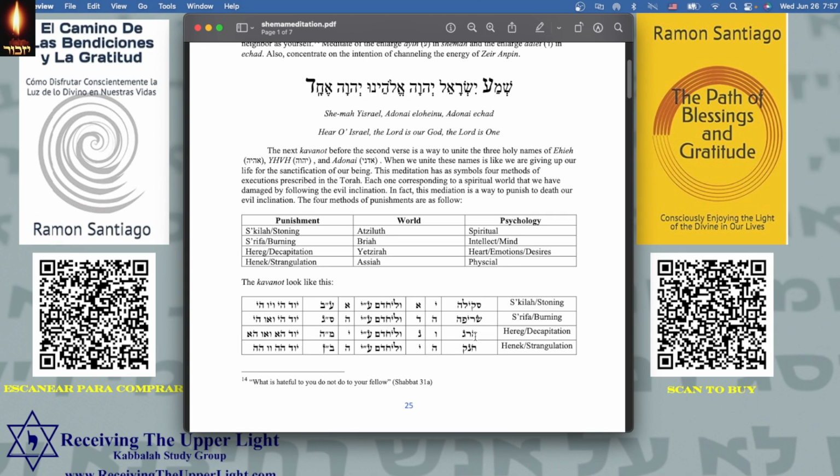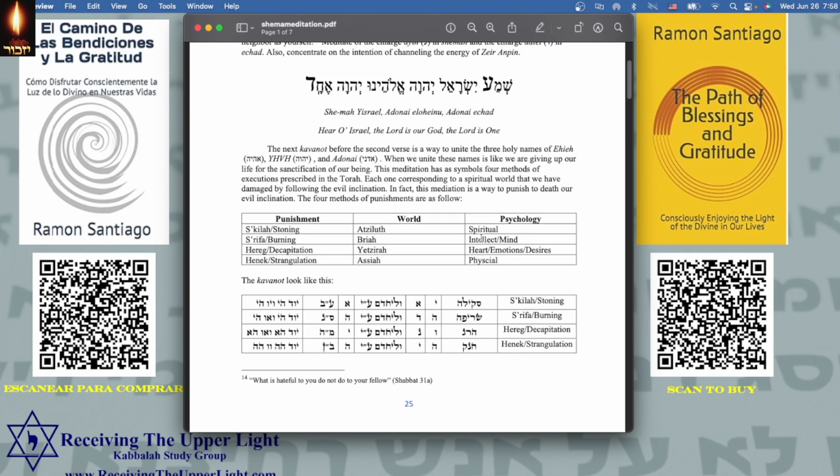It's that we are basically having in our mind at that moment that we are changing the evil inclination by, in a symbolic way, killing it using these four different ways of death, right?